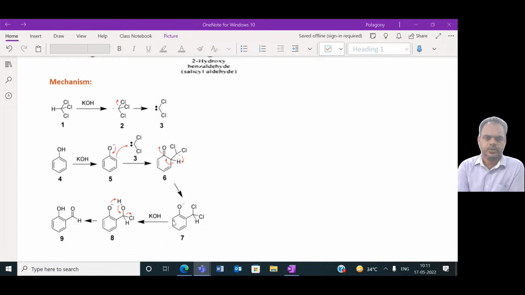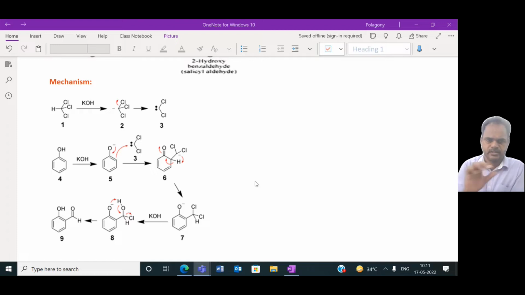So this is the mechanism involved in the Reimer-Tiemann reaction. The first step is the deprotonation and the formation of the carbanion of the chloroform. It then loses a chloride ion because of the repulsion between the negative charge and the halide, forming the carbene.